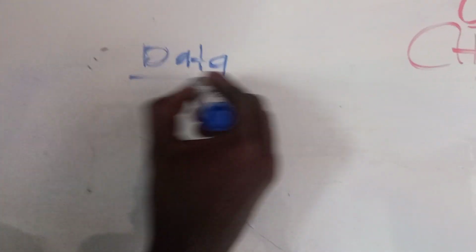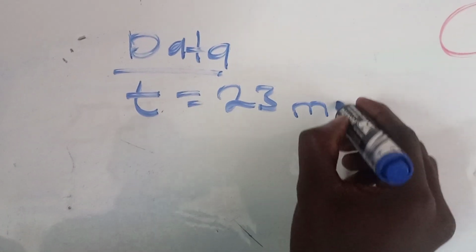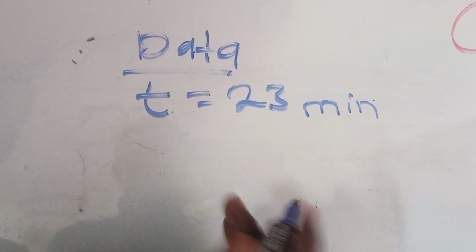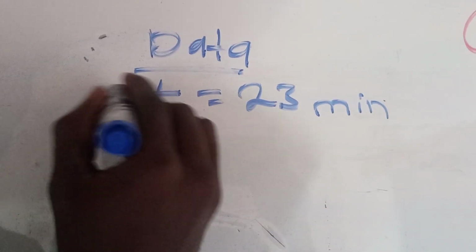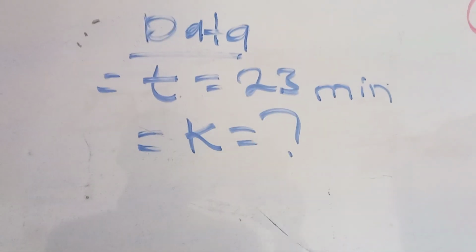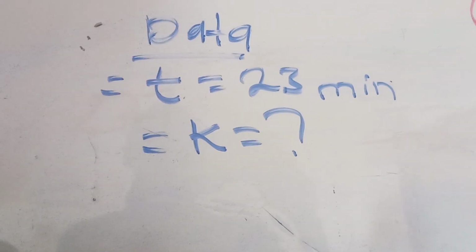So before going any further, write your data here. What's your data? Your time is equal to 23 minutes. First of all, you are trying to find the value of K, and you should try to show the examiner what you have on the table.